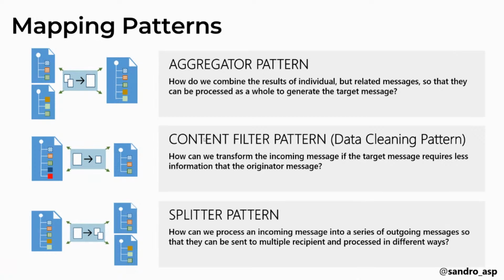The splitter pattern is also one that is sometimes not that common, but it's possible to do in BizTalk. We have a source message and we need to generate two different messages.